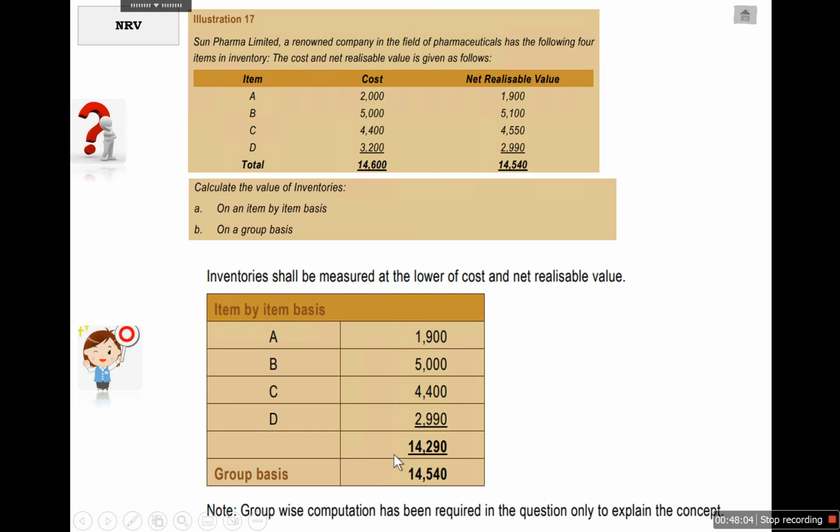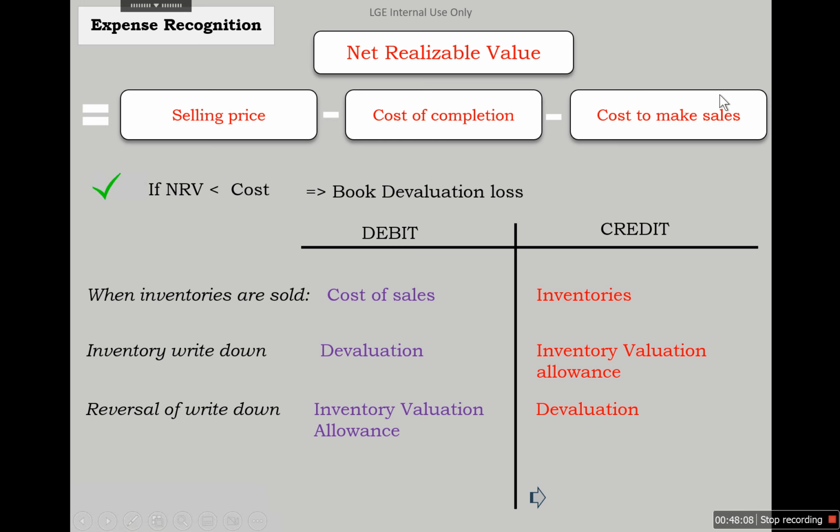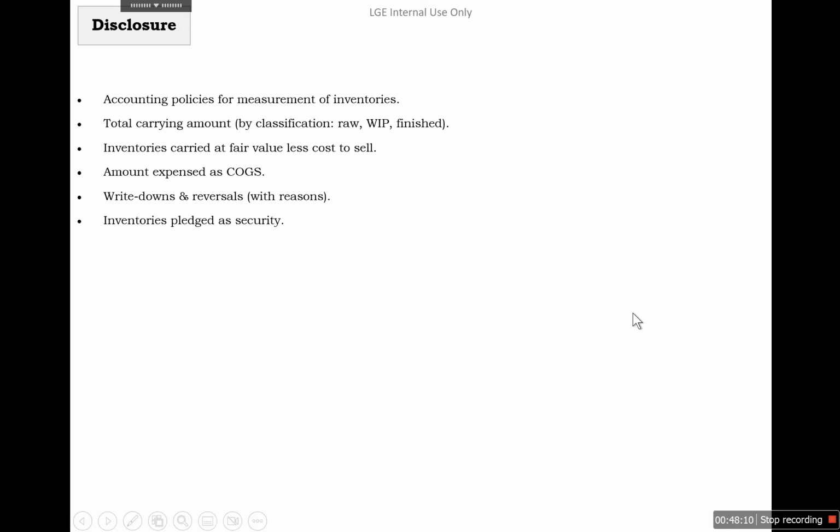But when we are checking on a group basis, we need to check the conditions when we can use the group method for devaluation. Ind AS 2 asks us to disclose the accounting policies for measurement of the inventory, the total carrying amount of the inventory in classification of raw material, WIP, and finished goods, inventories carried at fair value less cost of sale, and the amount expensed as COGS.